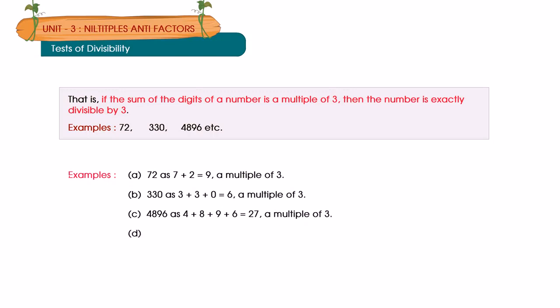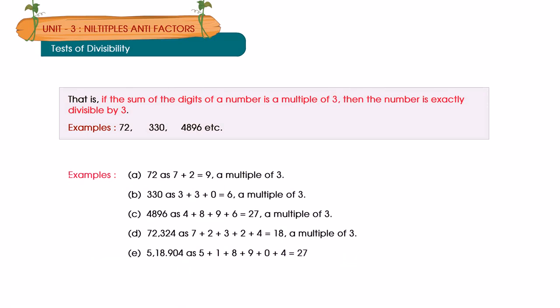D. 72,324 as 7 plus 2 plus 3 plus 2 plus 4 is equal to 18, a multiple of 3. E. 5,18,904 as 5 plus 1 plus 8 plus 9 plus 0 plus 4 is equal to 27, a multiple of 3.